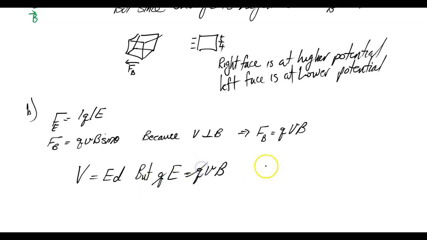If we cancel the Q's, we get that E equals VB, where this V is velocity. So now we can write that the potential is equal to the velocity times the magnetic field times the distance.